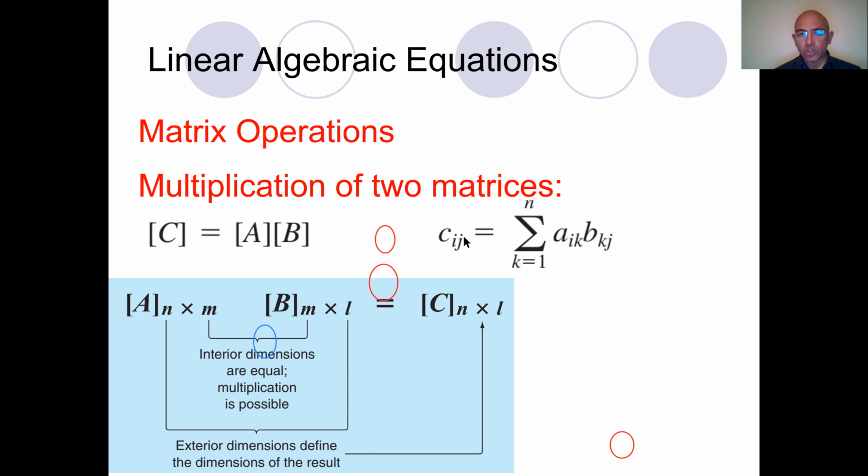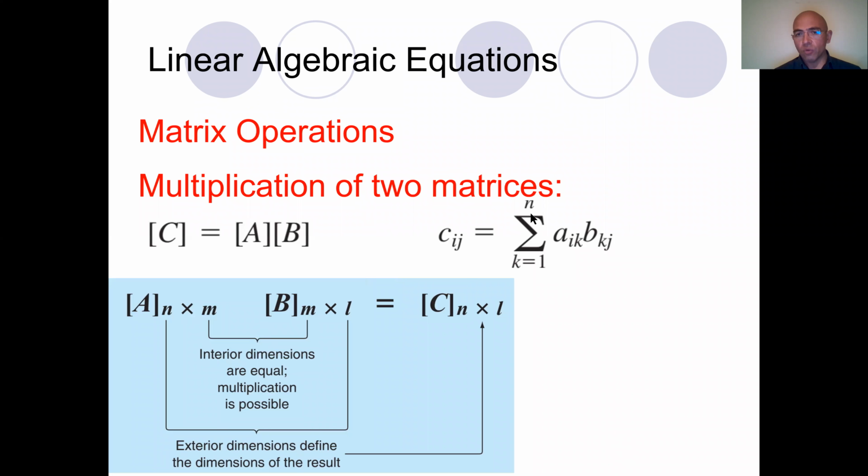So this is the expression. The member of the matrix C is nothing more than the multiplication of the row of the first matrix with the corresponding column of the second matrix, and then you sum them up.